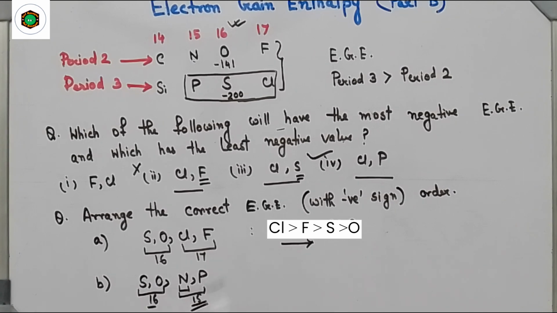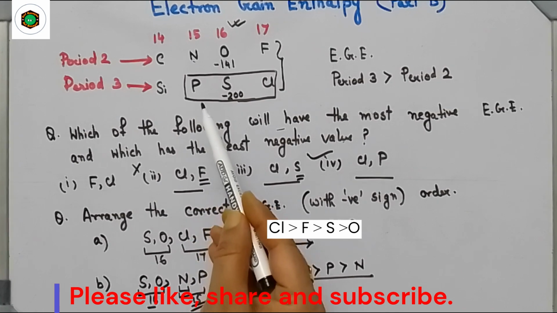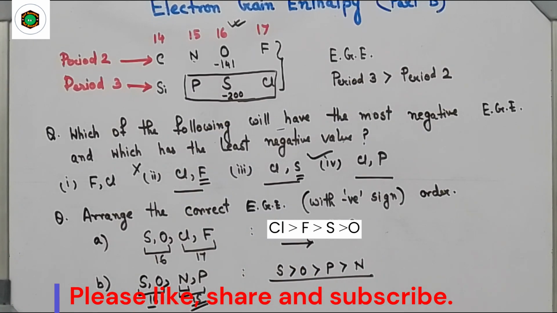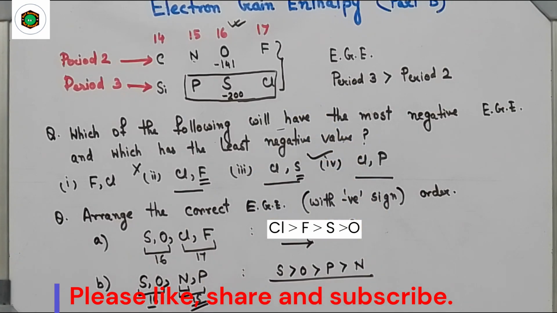Now between sulfur and oxygen, which one has the higher negative value? Then phosphorus and then nitrogen. This is the order. Nitrogen and phosphorus all have stable electronic configuration, and phosphorus has a negative value and nitrogen has a positive value. The reason is the same as what I told you for fluorine and chlorine.